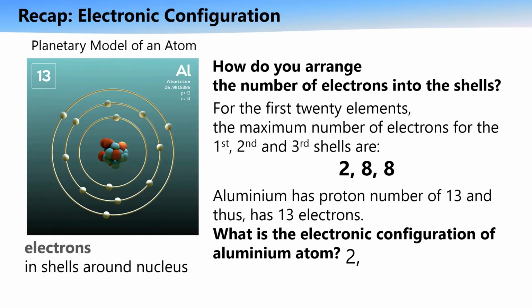Can I put all 11 electrons in the second shell? No, I cannot, because the second shell can only have 8. So the second shell has 8. Now I've arranged a total of 10 electrons, so I have 3 electrons left over, and they can be placed in the last shell. So the electronic configuration of the aluminium atom is 2,8,3, as you can see from the model on the left.